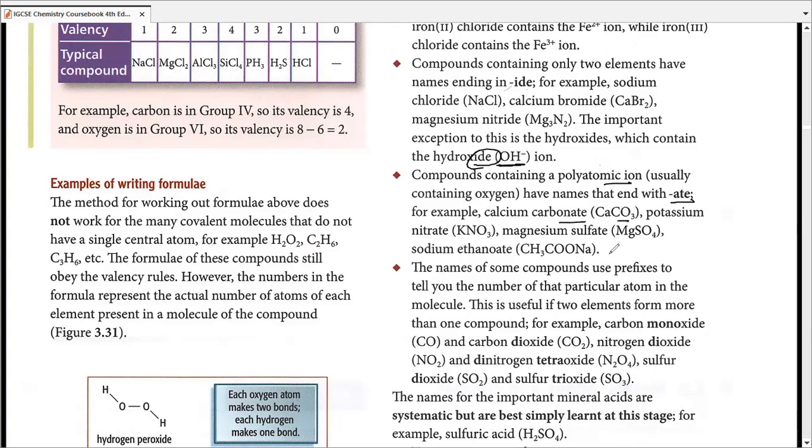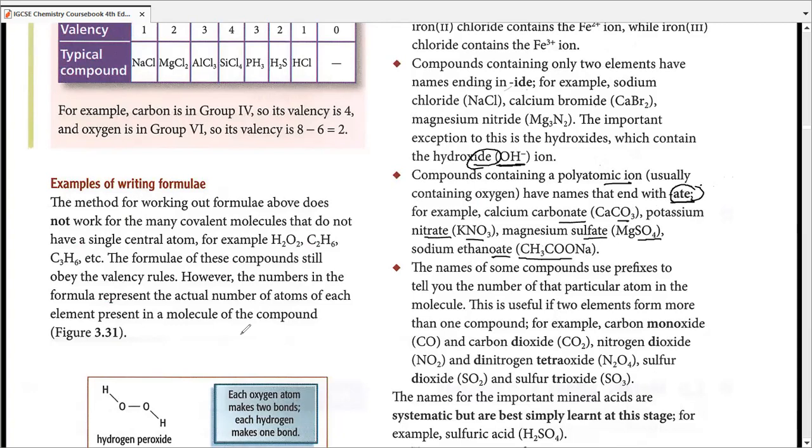Carbonate, CO3, nitrate, NO3, sulfate, SO4, ethanoate, CH3COO. So the polyatomic ions have names ending in ATE to keep them different from the simple ionic compounds that only consist of 2 elements, a metal and a non-metal, right?